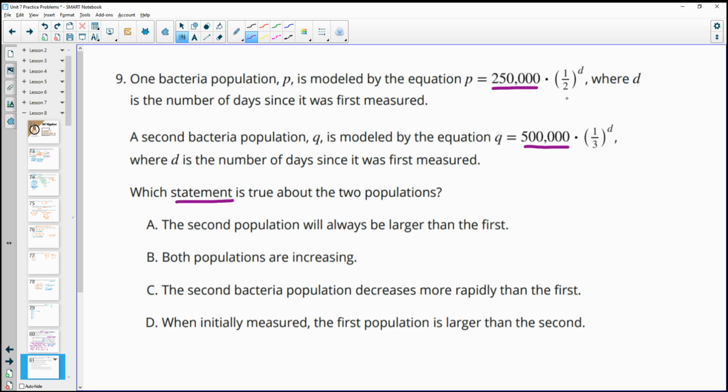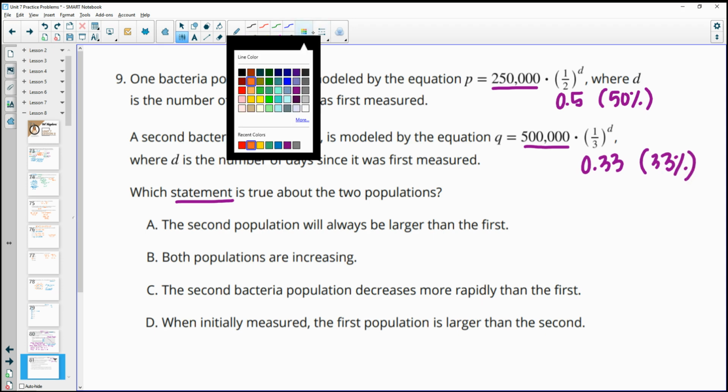Then we need to look at the decay rate. So in this case, this one is keeping 50% of its population, right? It's losing 50%, it's keeping 50%. Where this one is keeping 33% of its population.